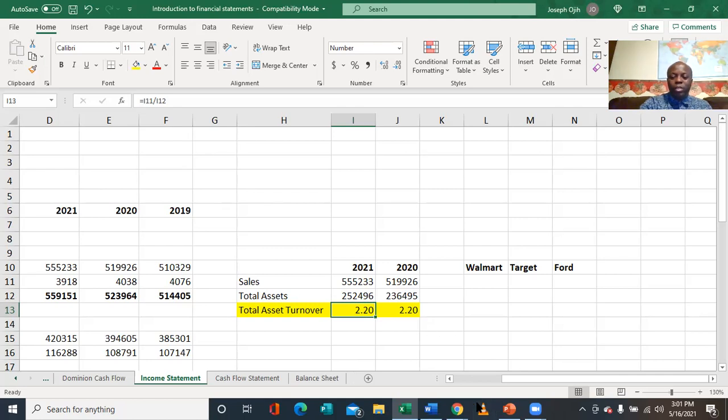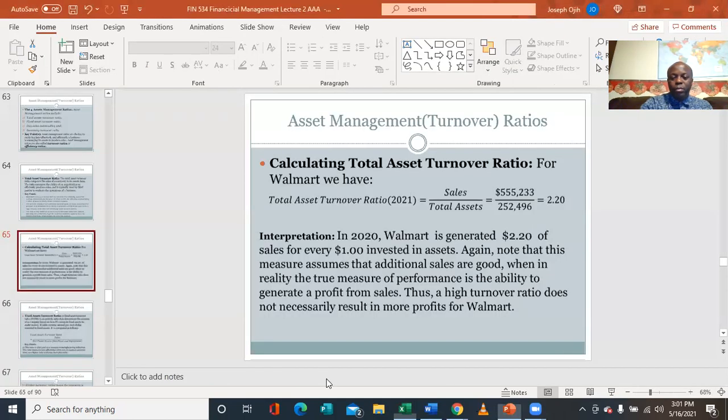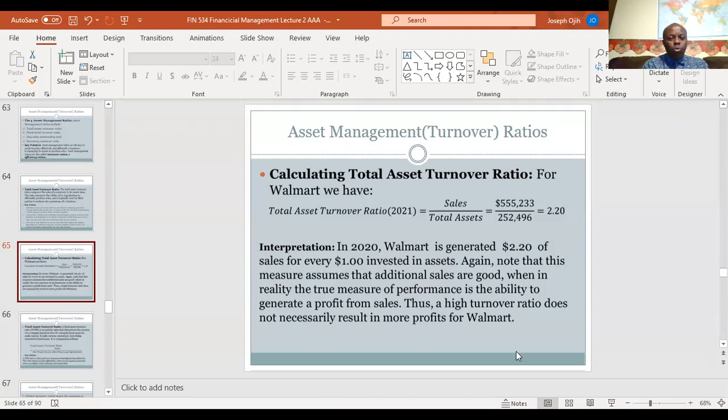So let me show you more of this. Then we can do more examples with two different companies. This is good because it shows that Walmart generated, so far this year, $2.20 in sales for every $1 invested in assets.